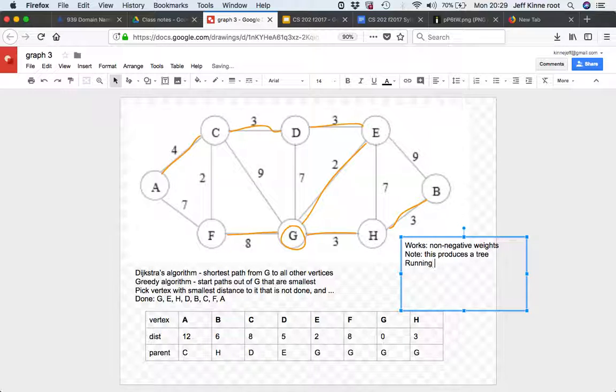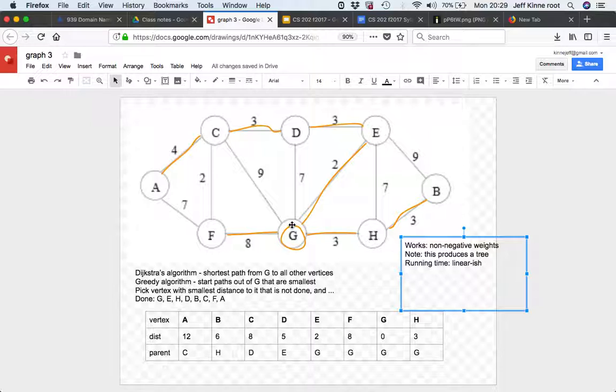The running time is linear-ish. It depends on the exact way that we store all this information, but the number of times that we have our main loop, so the main loop is we take the smallest distance to a vertex that's not done yet, and then look at its neighbors.